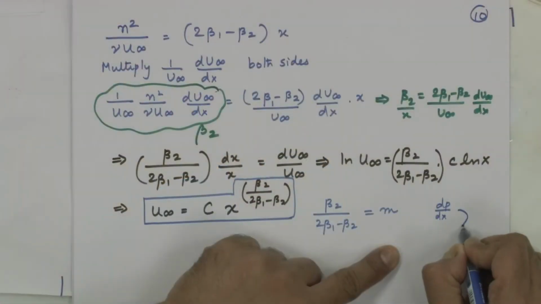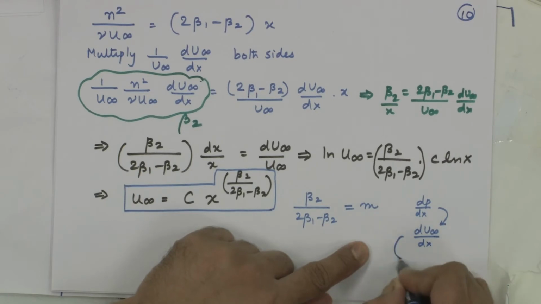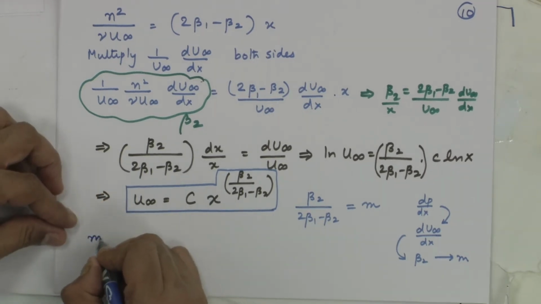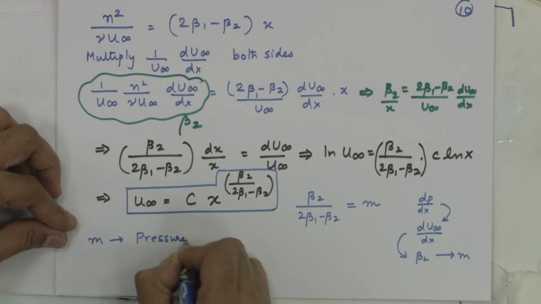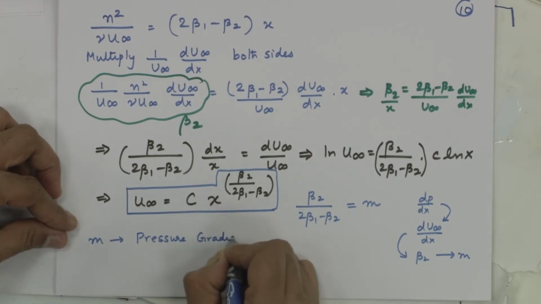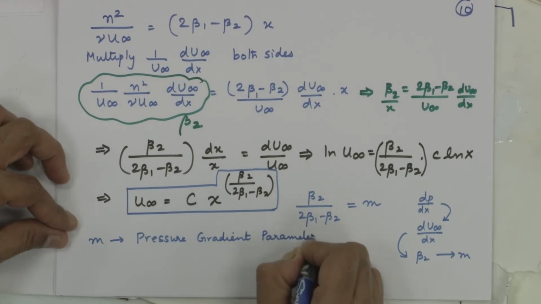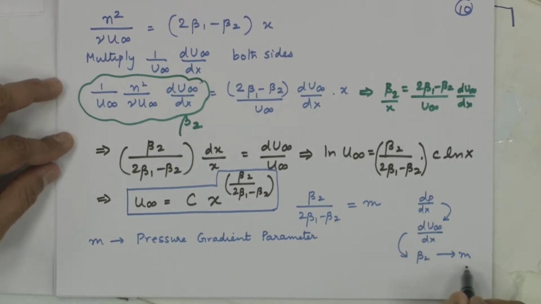So, if you go back to the history of where we started, dp by dx was related to du infinity by dx, which was then related to beta 2, which is now related to m. So, can we say this m is called the pressure gradient parameter, because the pressure gradient is directly related to this m.